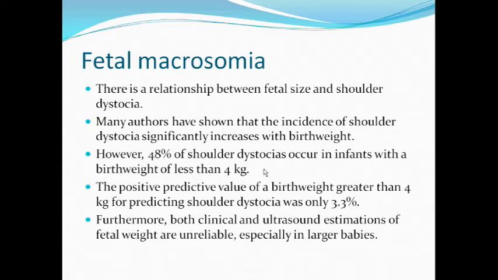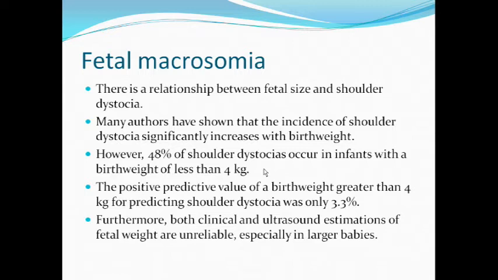The pad of fat is more in babies of diabetic mothers. It does not happen in every big baby, when the patient is not diabetic. So a patient with diabetes and macrosomia has more risk of shoulder dystocia compared to a big baby without any history of diabetes.